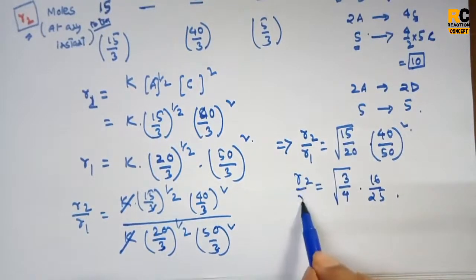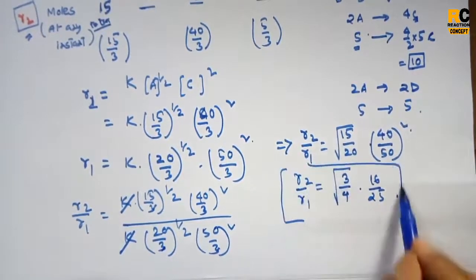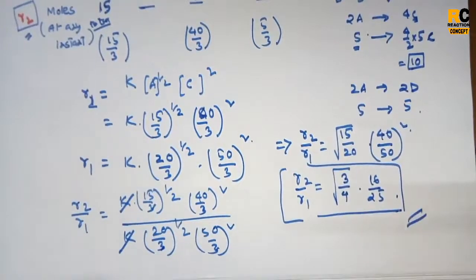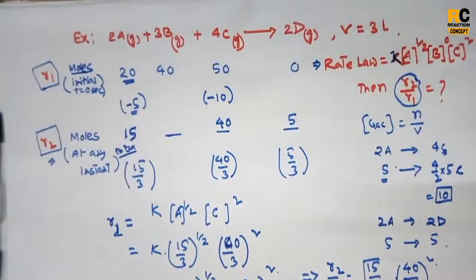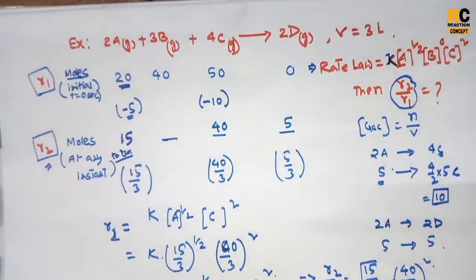So this is the ratio of R2 and R1. Okay, so this is how you have to solve the questions if the rate law of the reaction is given and some data based on the reaction is given to you.